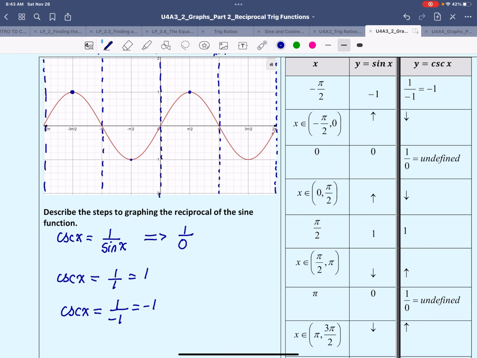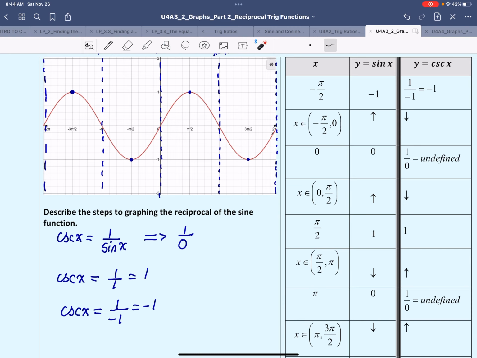What that means is that the minimums on the graph of sine x will serve as points on the graph of the reciprocal cosecant x. So far, we have built the vertical asymptotes, and we know that the graph will pass through the indicated points. Now, next, we have to shape up the graph of the reciprocal.